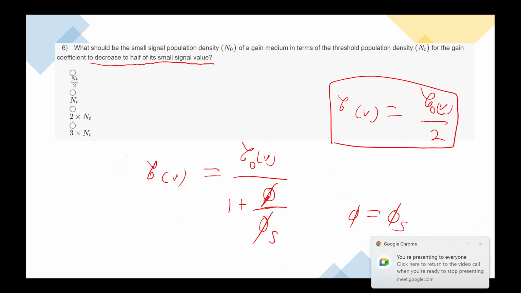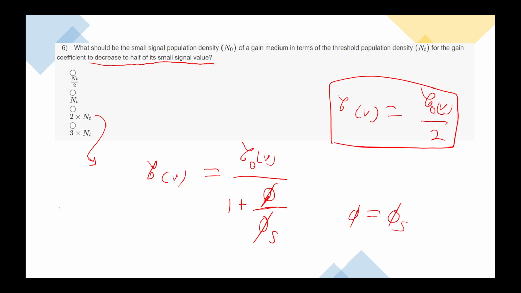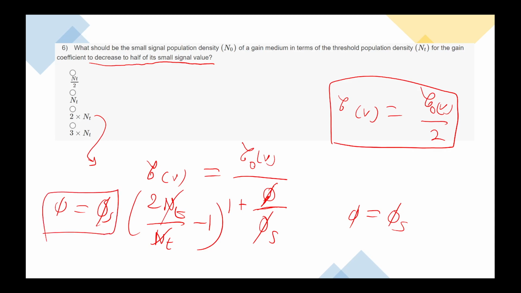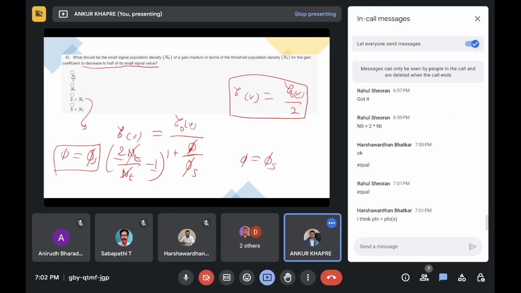This is your answer. So that will become like this. In the end, it will cut 2 minus 1, 1. Got it? Yes, sir. Then it will be phi is equal to phi s.